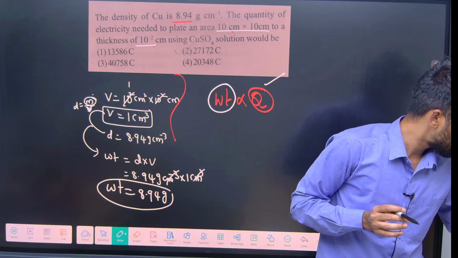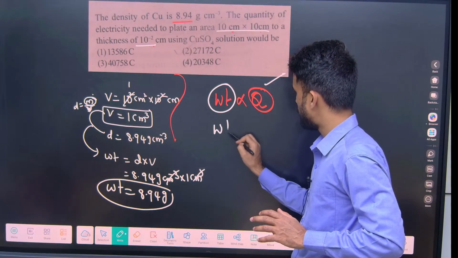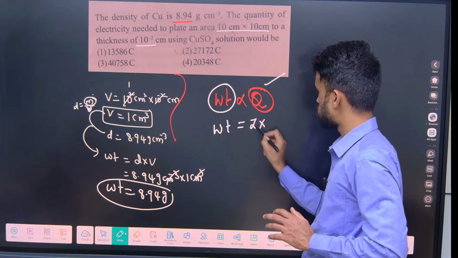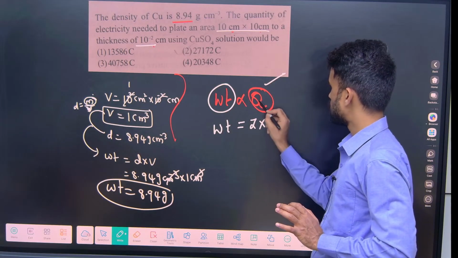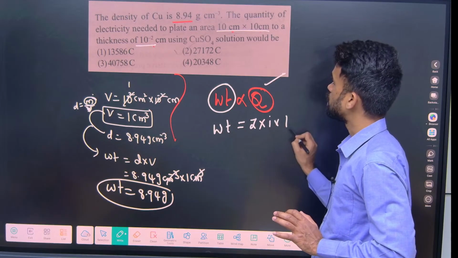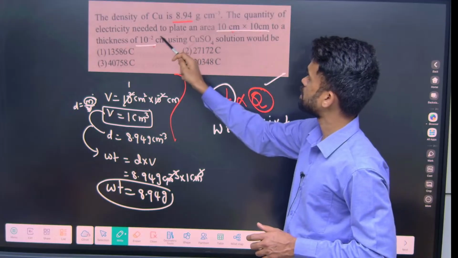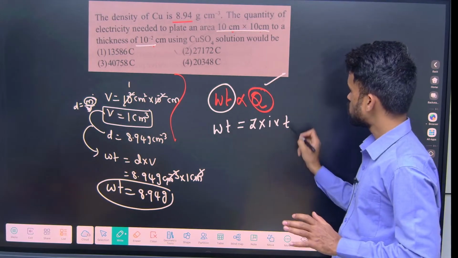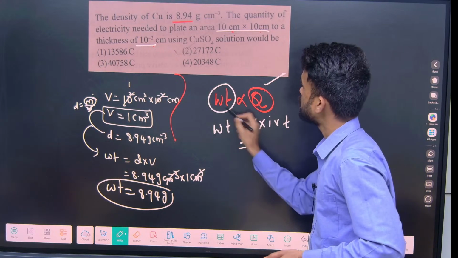So now look at the steps I am using. I got the weight of substance. Now I am writing this as Z, the electrochemical equivalent, with proportionality removed, and Q as I into T, because they are asking the quantity of electricity needed to plate an area of this much. So charge means the quantity they have covered.